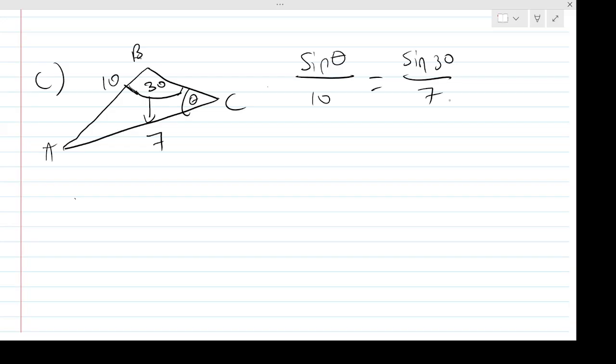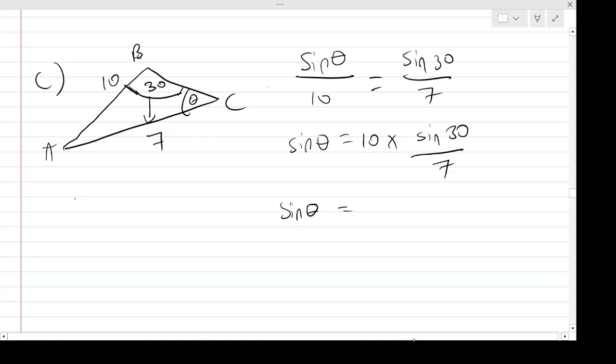And so therefore sine theta is 10 lots of sine 30 over 7. If I put all that in a calculator, I get 5 over 7. Then if I inverse sine it, I get the first value of theta to be 45.584... degrees.